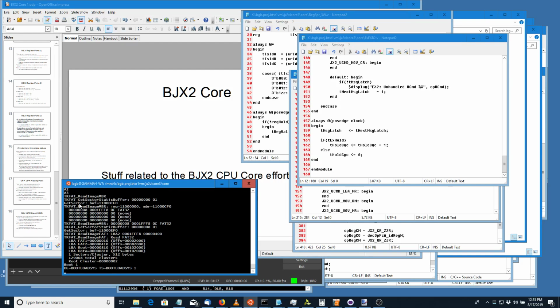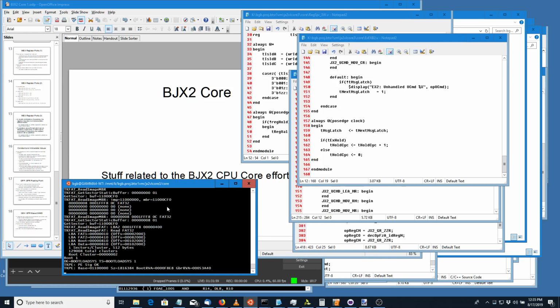This is running off the Verilog simulation, so it does its thing of reading from a FAT32 image and starting the boot process. This is about the stage of workingness in the current core prototype.